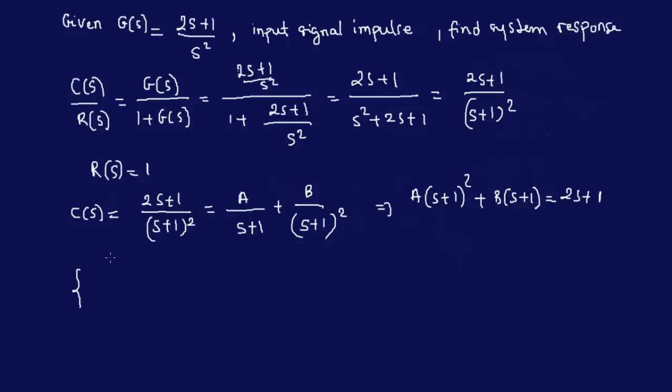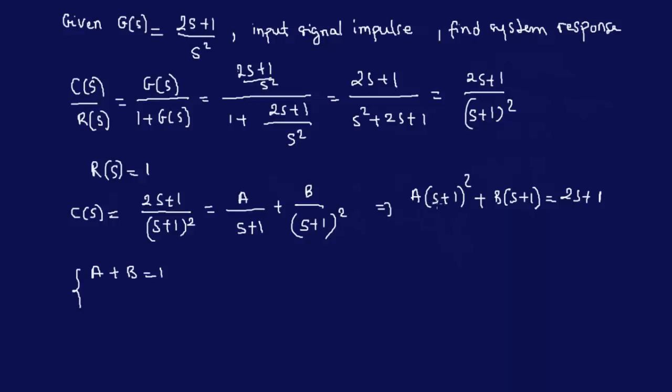We just have to plug in random numbers for s to find A and B. Let's assume s equals 0. Then we have A + B = 1. Now there's another method that's a lot easier for partial fractions, but that's when you're not dealing with squared, and I can't remember it right now. I'll probably search for an example where we don't have a square here.